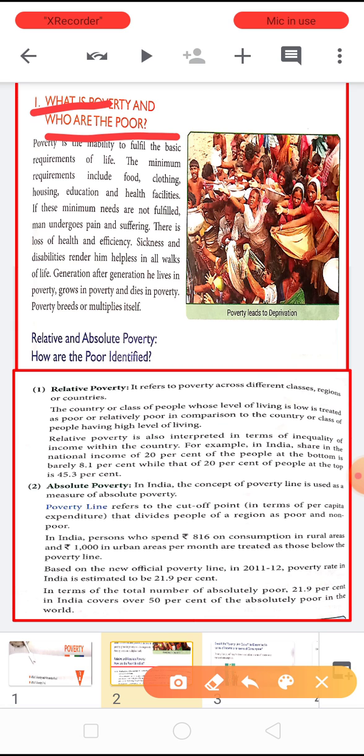So poverty breeds on itself and multiplies itself. Now the next thing is, who are poor? Children, as I just explained to you, poverty is a great curse on humanity. A poor person lives a wretched life as he is unable to enjoy the barest necessities of life, which makes him morally degraded.